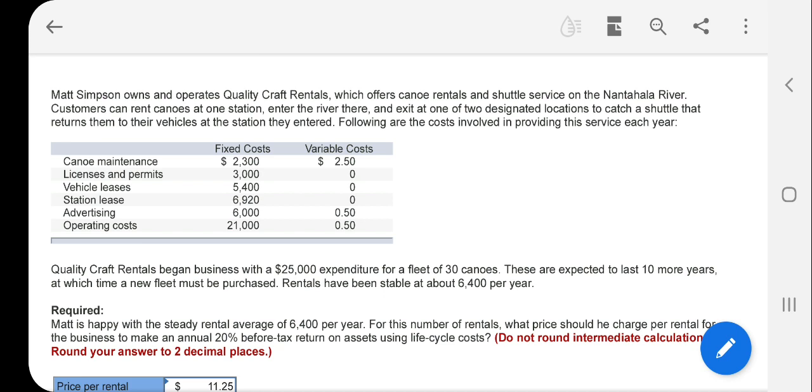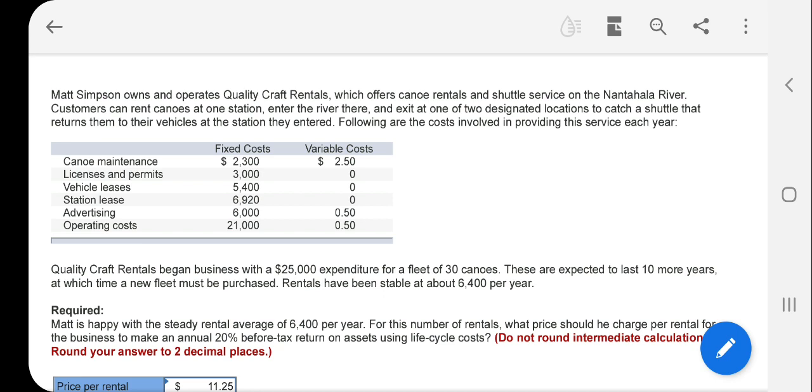So you can see here these are the costs. Canoe maintenance is 2,300 fixed cost per year, and $2.50 variable cost for each rental service.